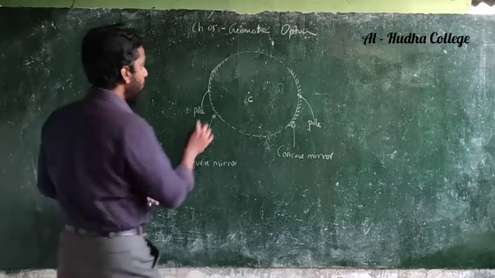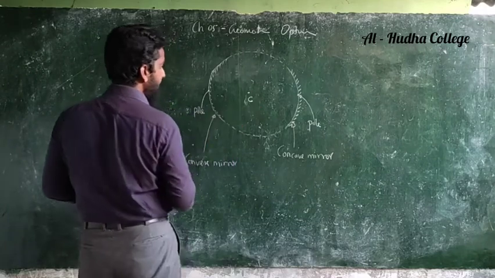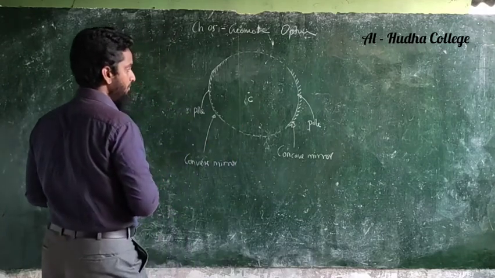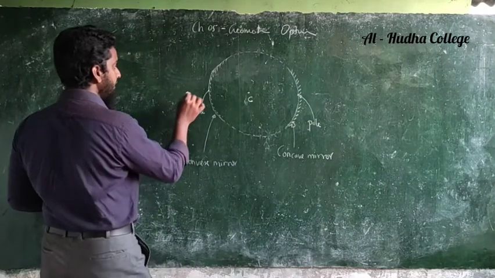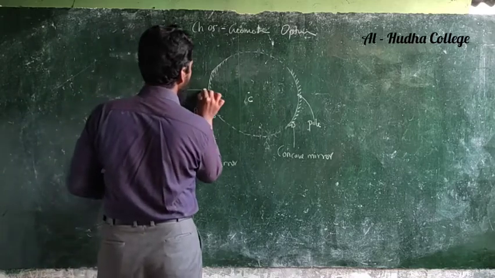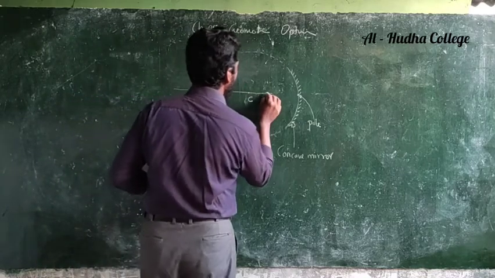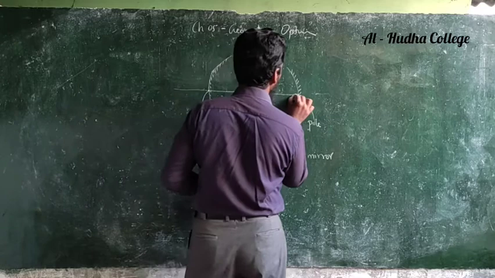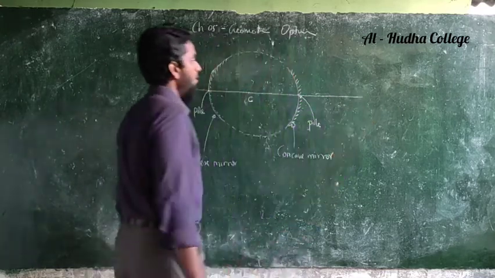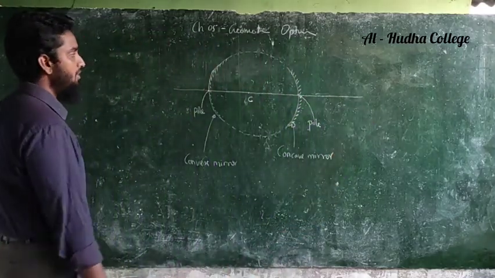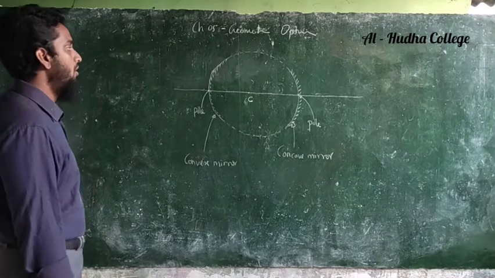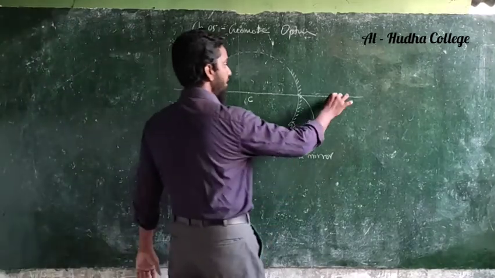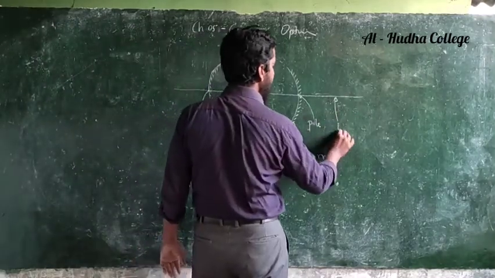Now if you connect the pole and the center of curvature, you are going to get a line which goes through the center and the pole, which is going to help us to draw the ray diagrams, and is known as the principal axis.